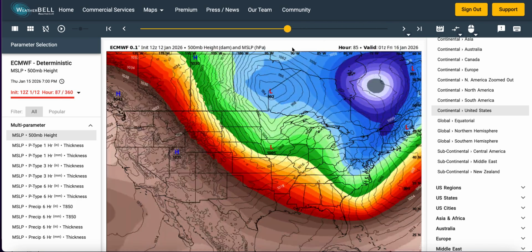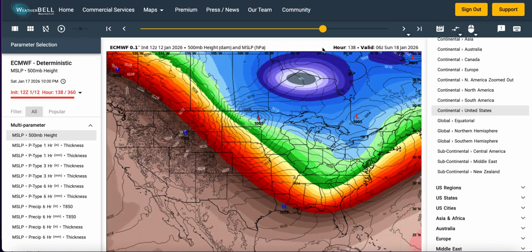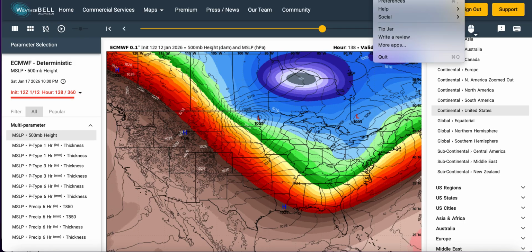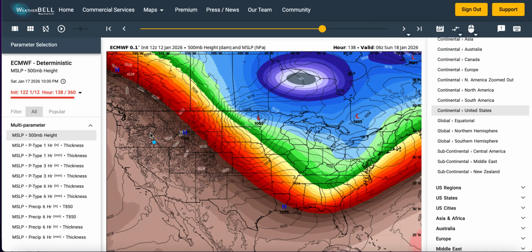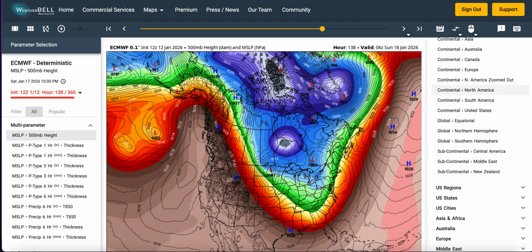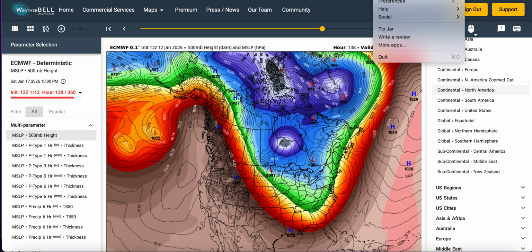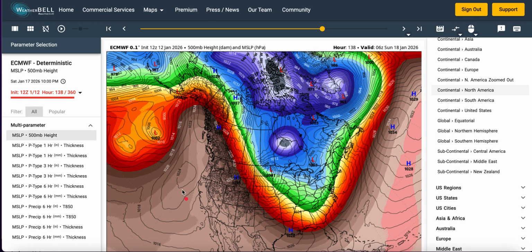But what the pattern is looking like for really the next 10 days or so is this big blocking high pressure out west. I'm just going to put a wider view here. So we have this big blocking high out here.